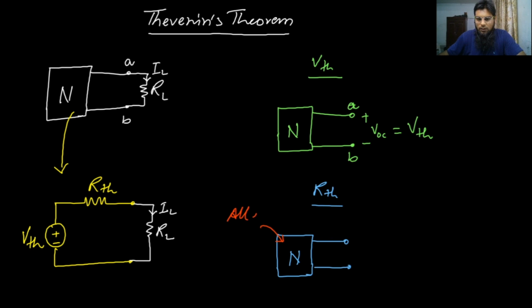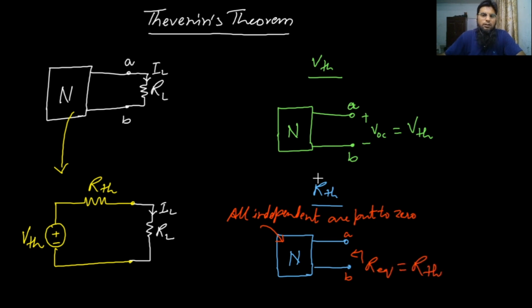Then, looking into the network from the given terminal, we find the equivalent resistance, and that will be equal to RTH. So this is what Thevenin's theorem is.